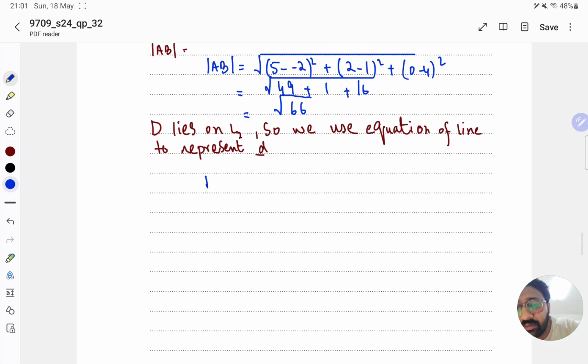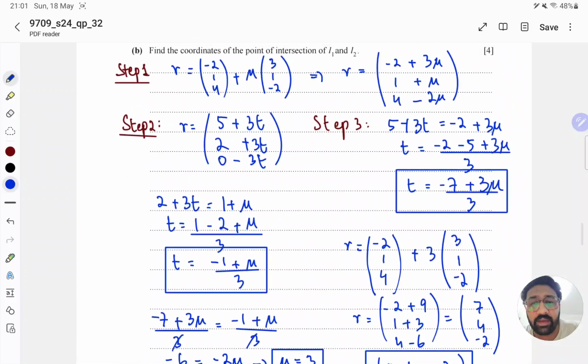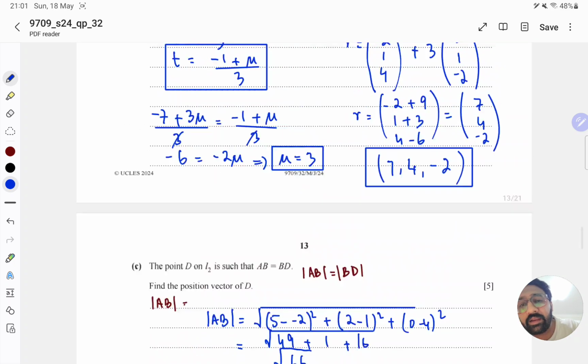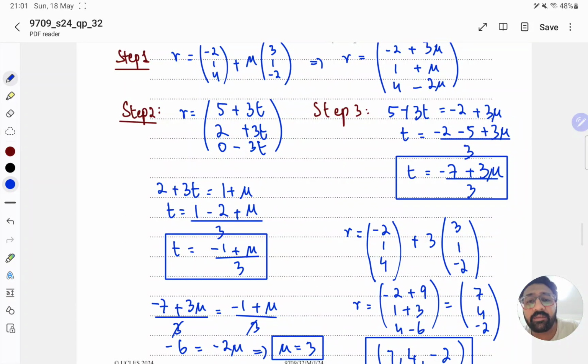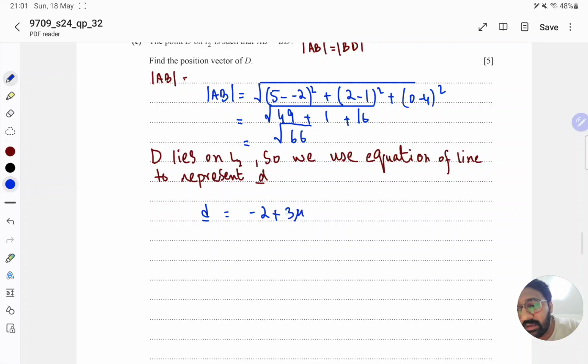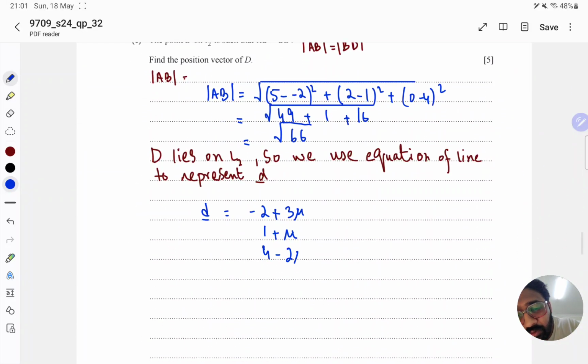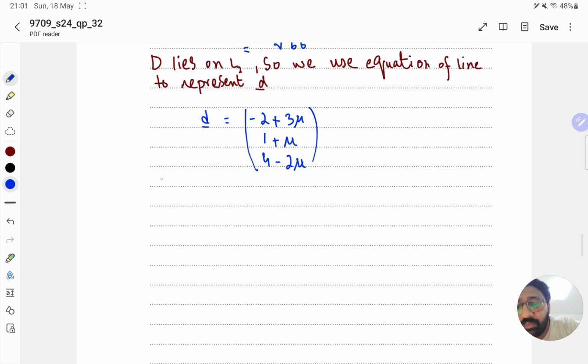The equation was D is equal to -2 plus 3 mu, 1 plus mu, and 4 minus 2 mu. So this is the one that we have, and after that we will find out BD.